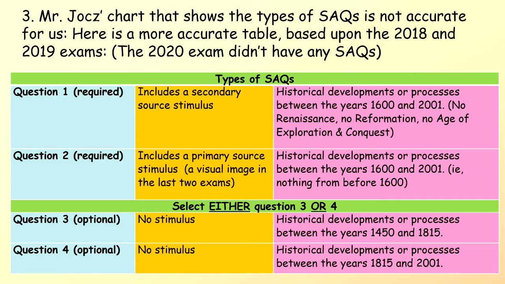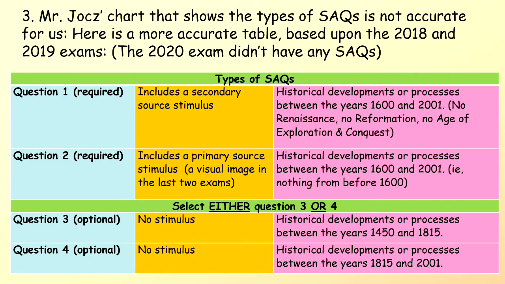What that means in practical terms is there will be no Renaissance, no Reformation, no age of exploration and conquest anywhere in these two first SAQ prompts. And that might be a good thing because that was the earliest part of the year, so that may be the part that you have the most trouble remembering. And that goes for both questions 1 and 2.